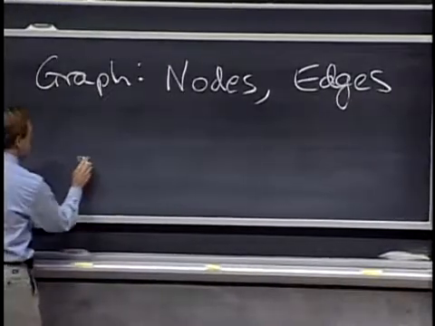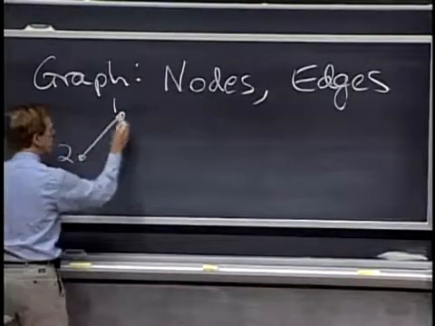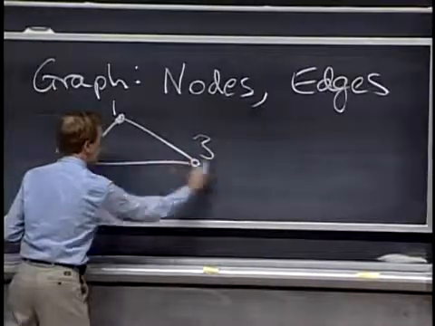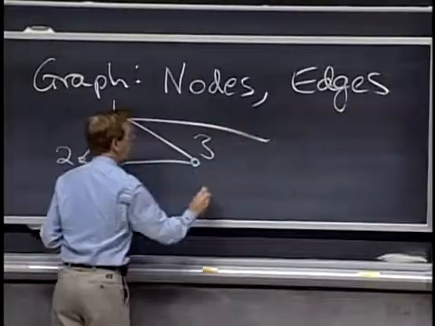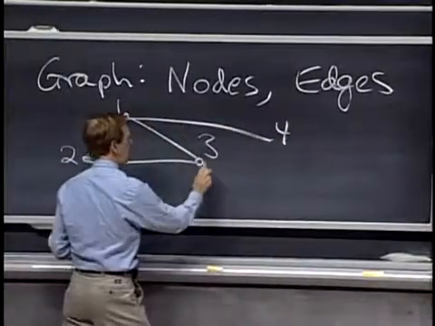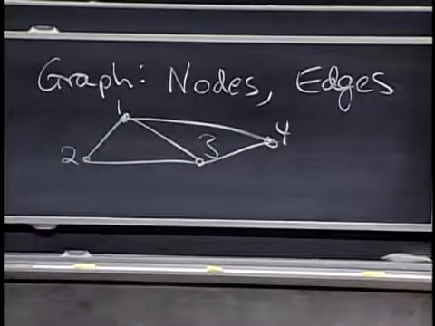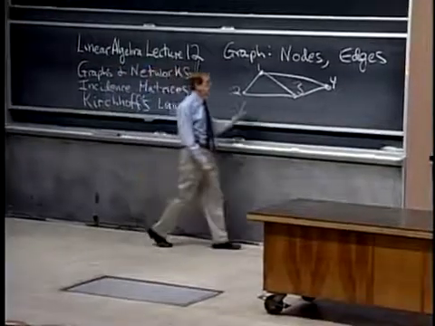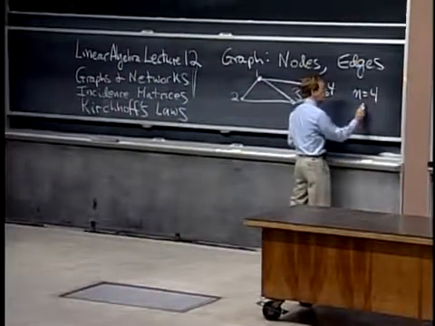Here, let me take just maybe nodes 1, 2, 3. Well, I better put in that edge, and maybe an edge to a node 4, and another edge to node 4. How's that? So there's a graph with 4 nodes. So n will be 4 in my n equal 4 nodes.